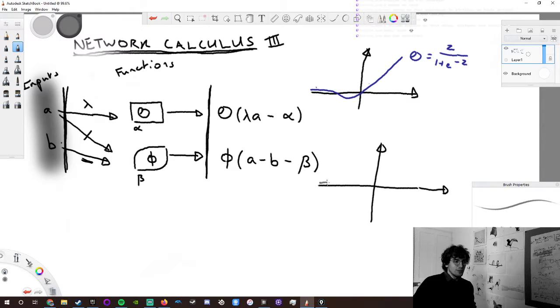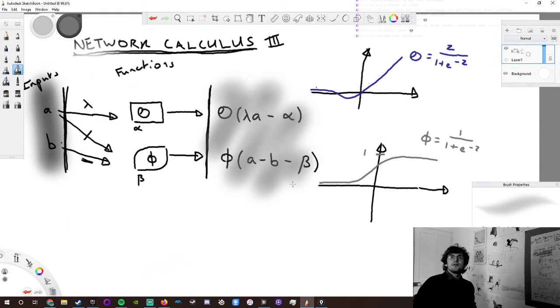They also could be something like a sigmoid, which tops out at 1, and that is phi equals 1 over 1 plus e to the minus z. I'm going to do this very light shading again over this. Not in love with that way of shading, but it will do for now.